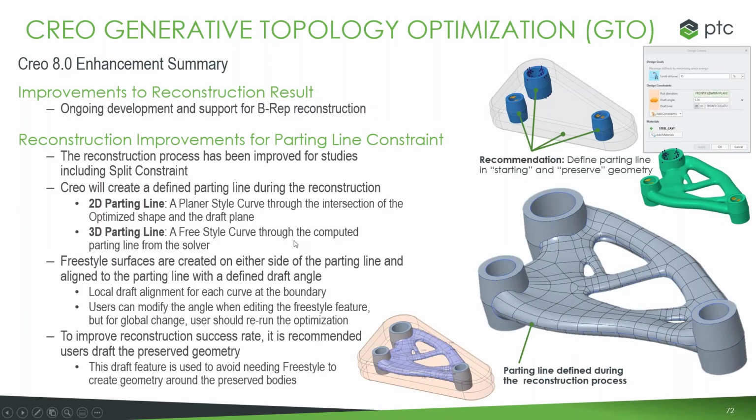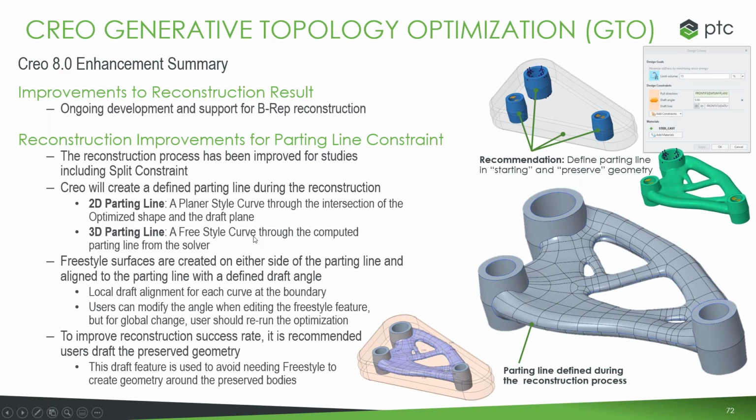When it comes to the reconstruction of the actual finished geometry, there are some enhancements, particularly around the parting line constraint. It will create a parting line in the definition, an actual curve or a freestyle curve through that, and then fix the geometry to that to give you better options.